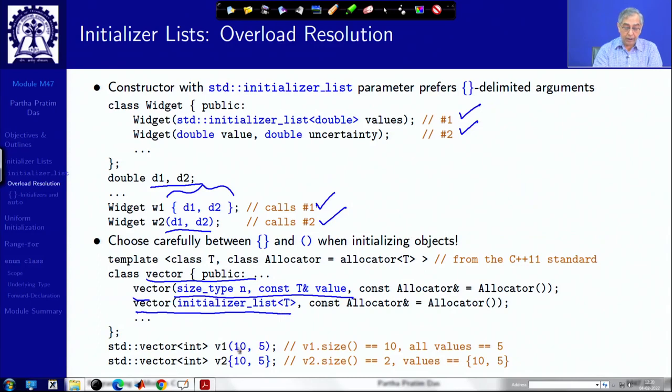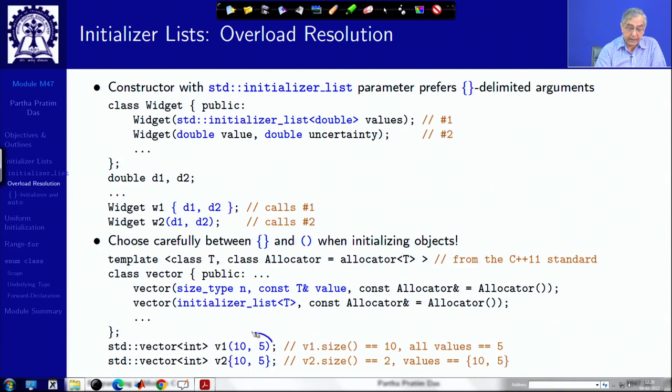So, if you construct V1 with 10 and 5 given in parenthesis, this will take the first constructor, and therefore 10 will be considered as n, 5 will be considered as value. So, you will get a vector of 10 elements each initialized with 5.